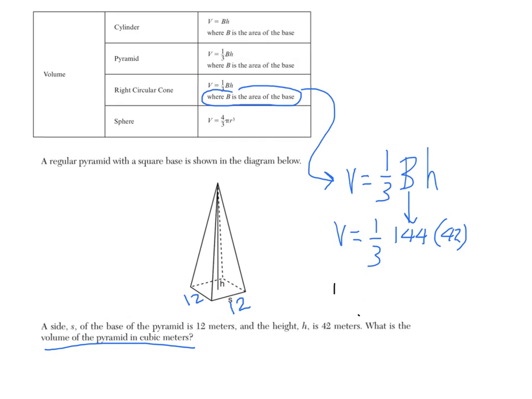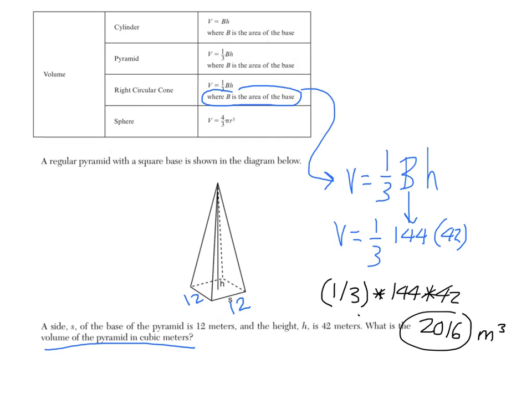So you would type in 1 divided by 3 in parentheses, times 144, times 42, and the answer is 2016 cubic meters. The number is the most important thing, but the unit of measure should be written next to it as well.